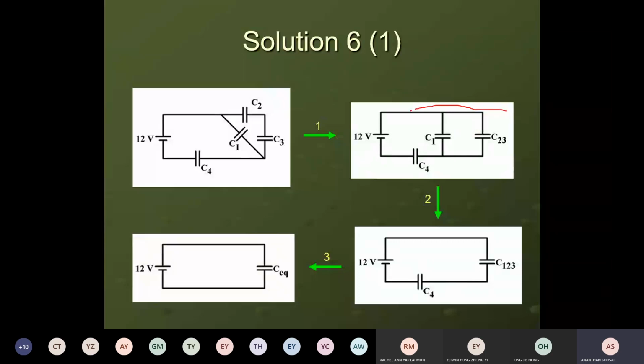Okay, you see this diagram. Actually, C2 and C3. To find C total, you must combine C2 and C3 first. After that, you combine C1 with C2 and 3 together, in the parallel method. Then finally, you add this C4 and C1 to 3 in series, so you get the total capacitance.